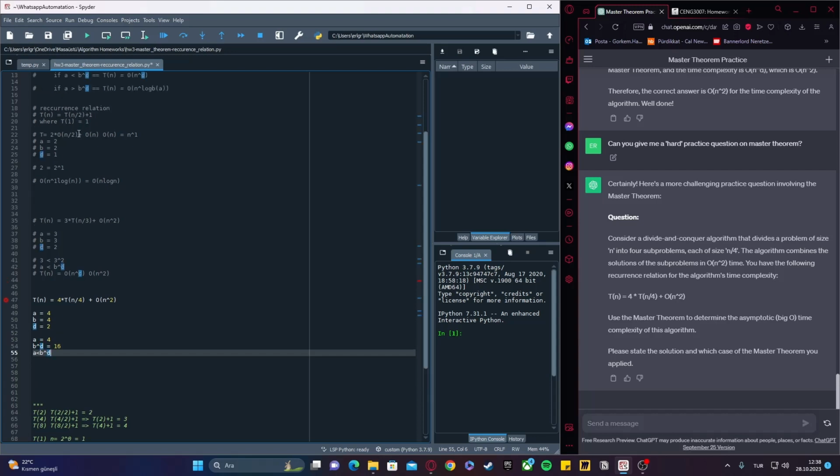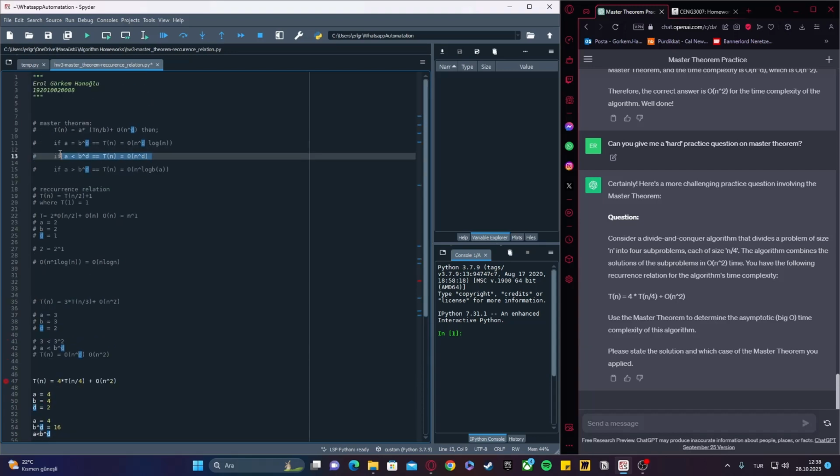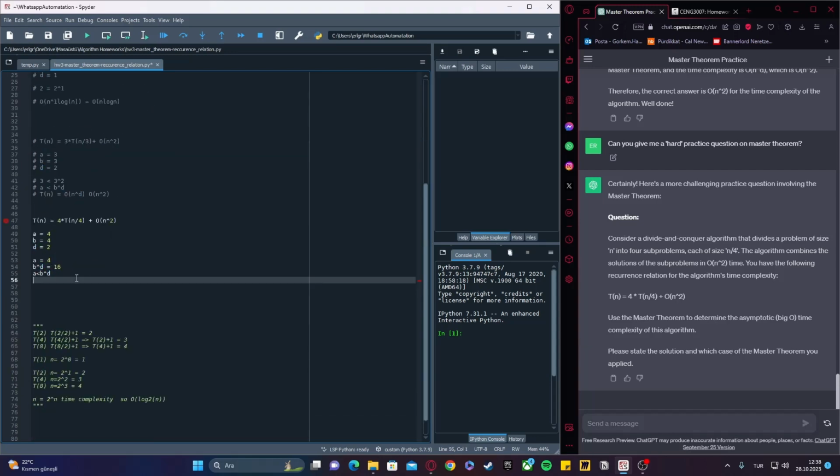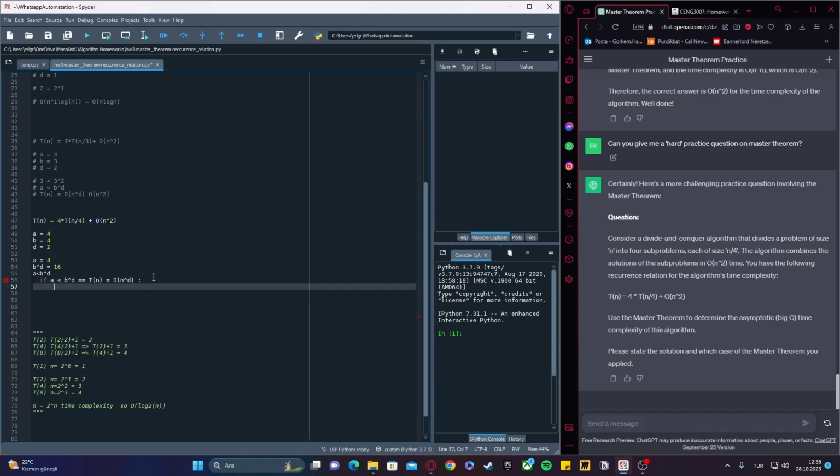So we have to use this case again, and let me copy and paste it here. So T(n) is equal to big O of n to the power d, so O(n^2). Let's ask ChatGPT.